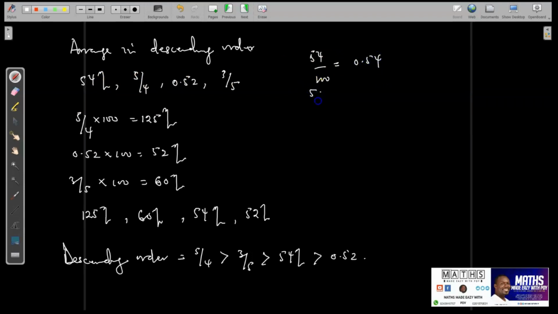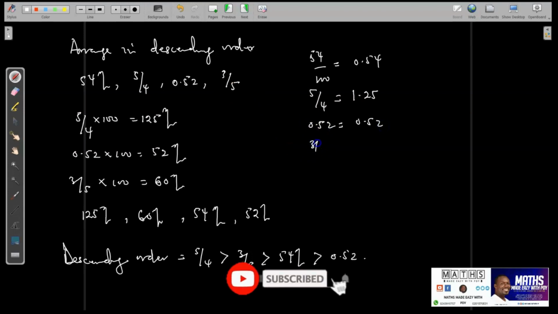Then your 5 on 4 in decimal fraction, you obtain it as 1.25. Already we have our 0.52 still being 0.52. Then finally 3 on 5, we obtain 0.6.